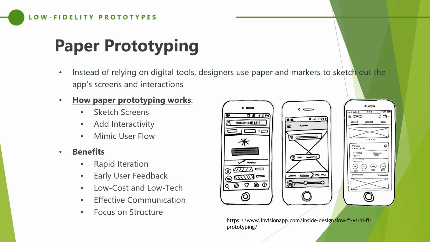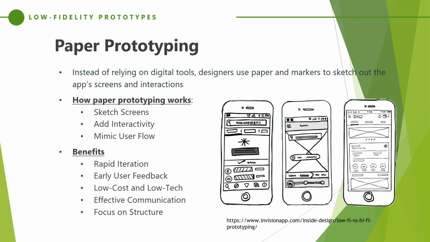So, first, designers will sketch individual screens of the app on sheets of paper. And these sketches include key elements like buttons, menus, and content areas. And each sheet represents a different screen or an interaction.